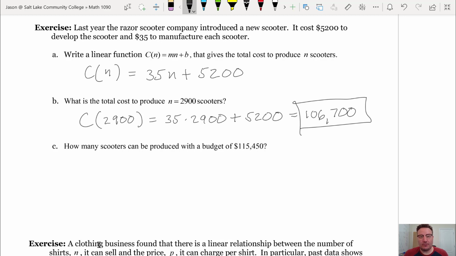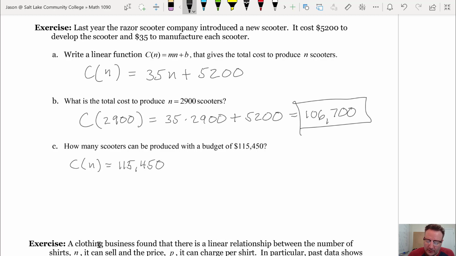We have a function that relates cost to quantity, but we know the output of the function, and we're trying to get the input. So what we're trying to do here is solve this equation. C of n is equal to $115,450. But this C of n is equivalent to the expression 35n plus 5,200.